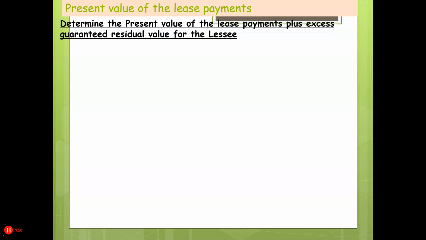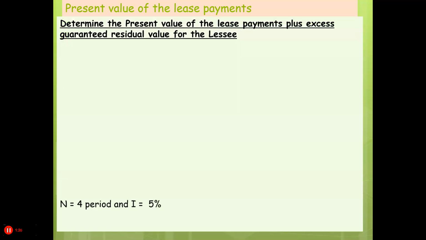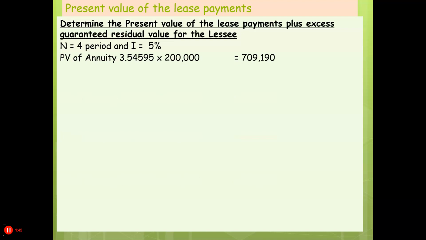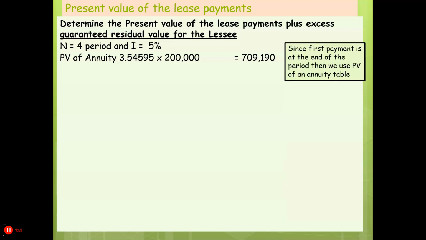Now, first, determine the present value of the lease payments plus guaranteed residual value for the lessee. Period is 4, because it's 4 years, annual, and the interest is 5%. Since the payment is at the end of the period, we use the present value of an annuity, not the annuity due. We take our present value factor times the lease payments.